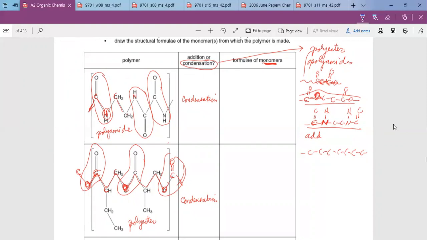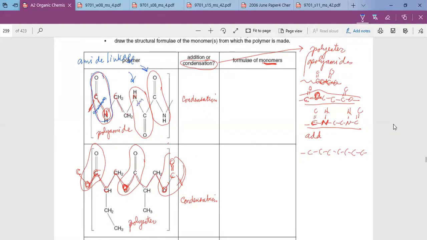Now this is my amide linkage. This also is my amide linkage. What I do is hydrolyze the part here. Here will break now, remember? Break here. The N and the C will break here.